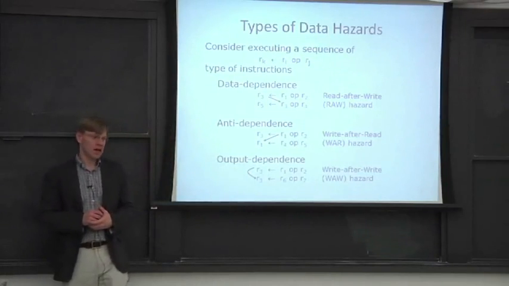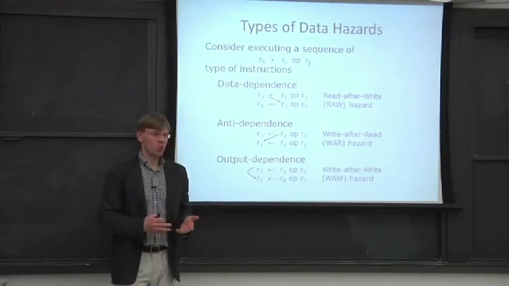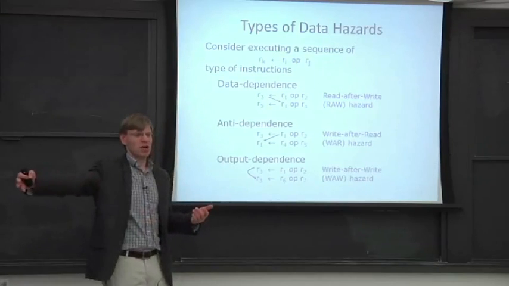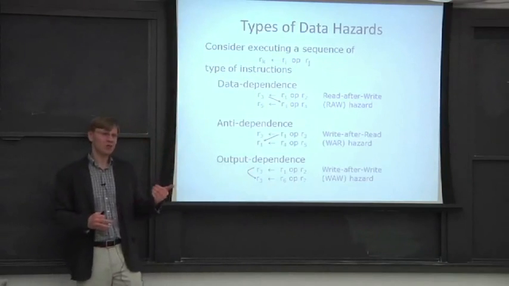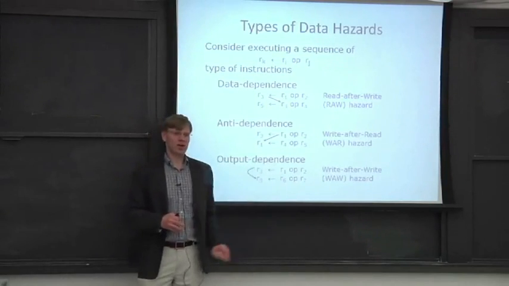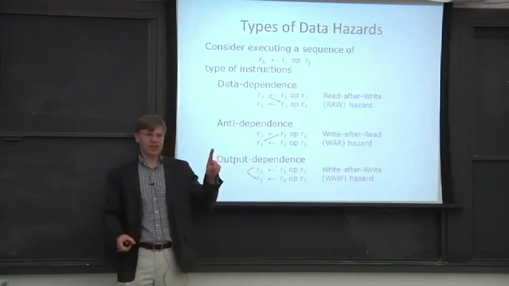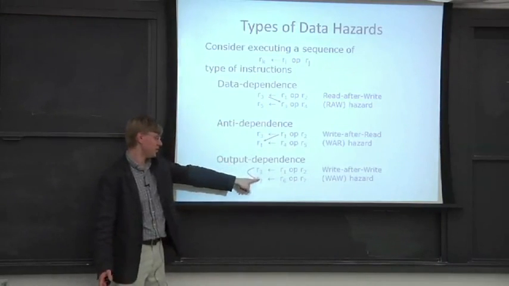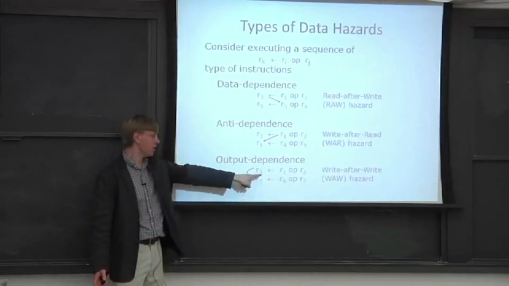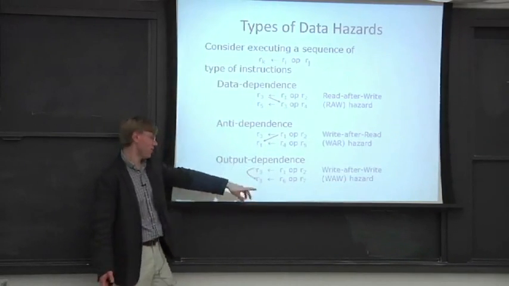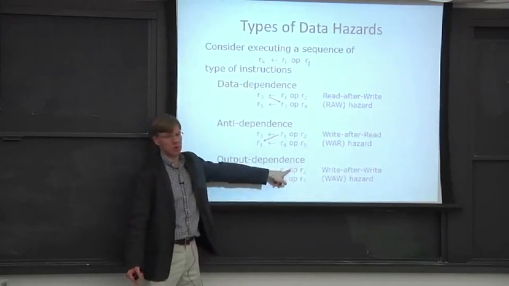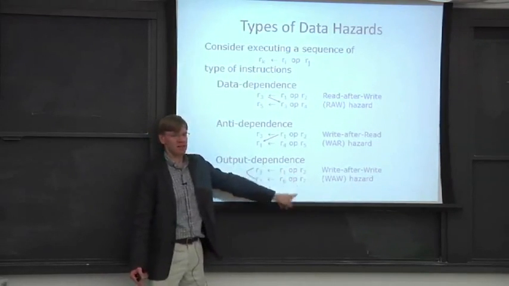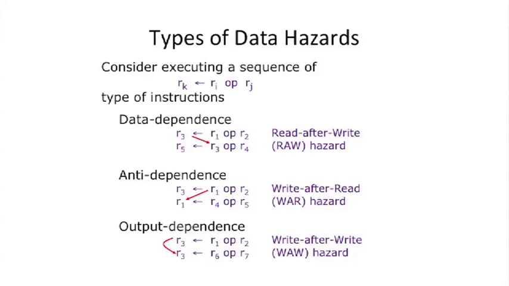If you have a multiplier, like in your lab, which is going to write at the end of the pipe and have a very high latency, and then you have an instruction like an add, and you try to write to the register file early, you might actually write this instruction's result to register 3 before that instruction's result. Let's say this instruction here is a long latency operation, something like a multiply, and this is like an add. So we're going to call that a write after write dependency.